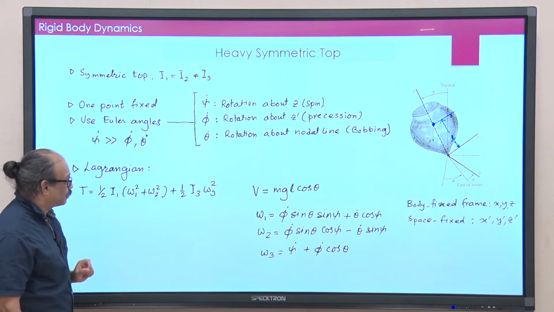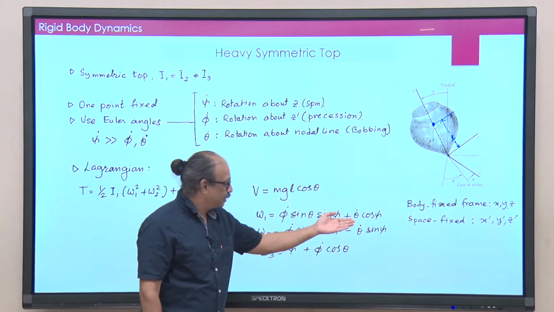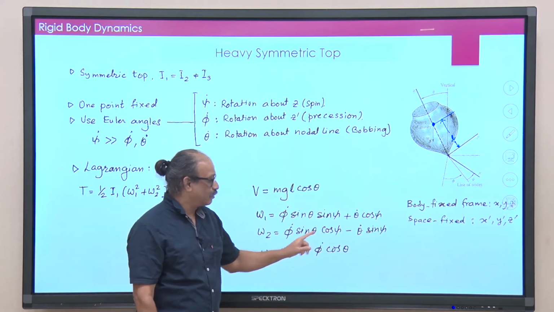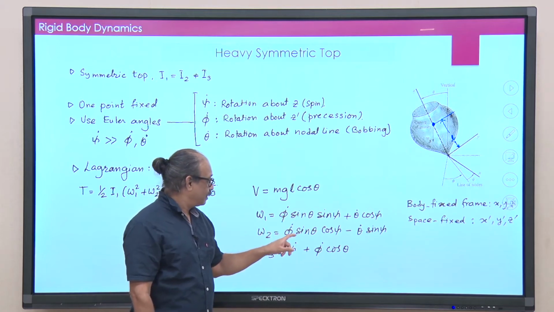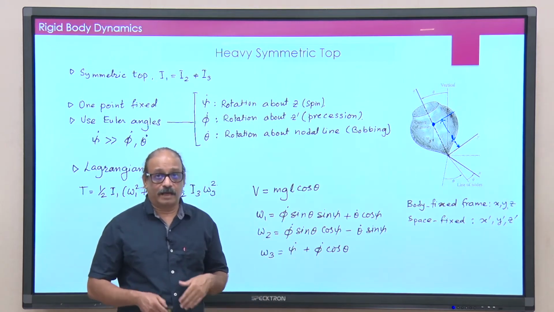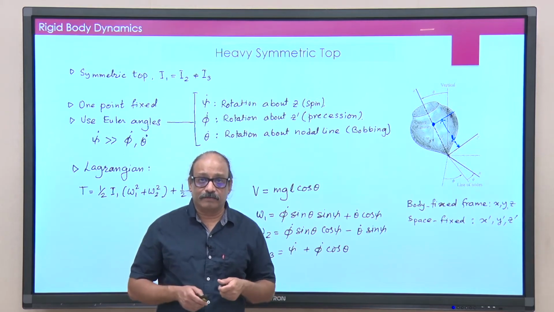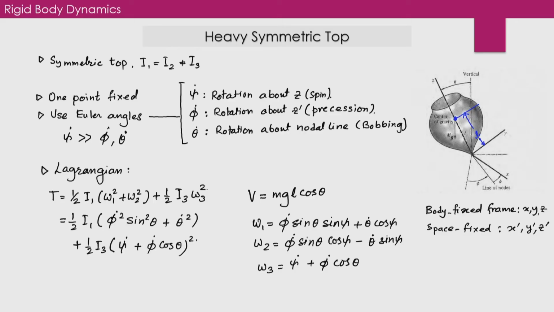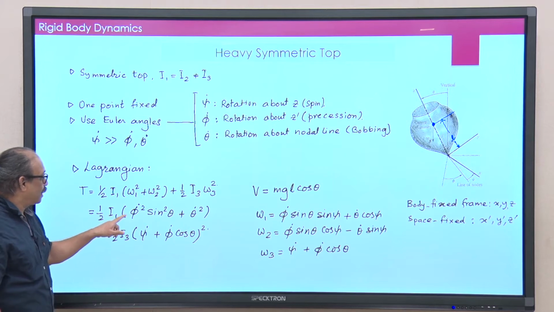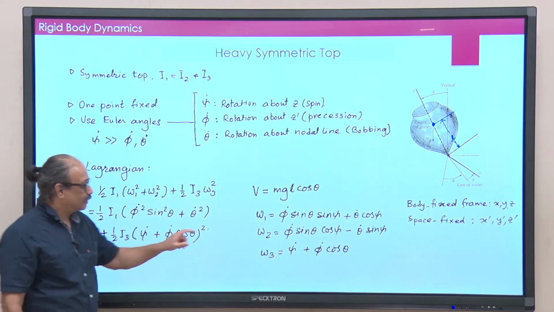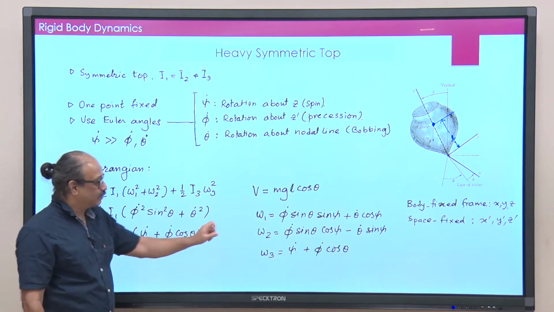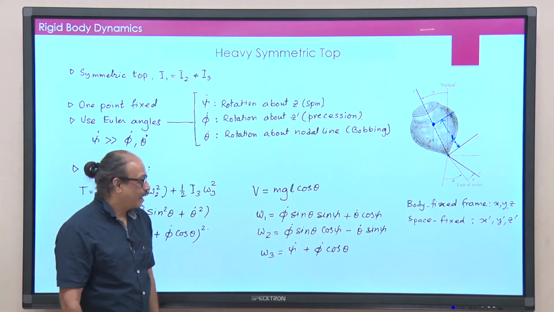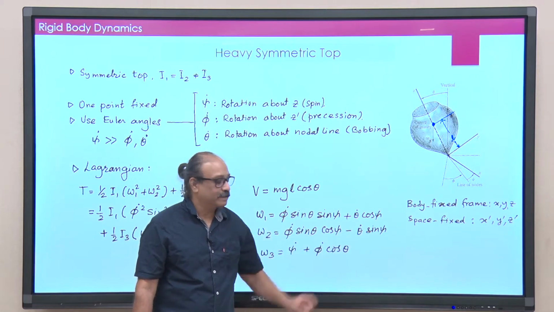So, omega 1 square plus omega 2 square, look at the expression here. There is a sin psi here, there is a sin psi here, there is a cos psi here and there is a cos psi here. So, when I square omega 1 and square omega 2 and add them, the cross term will go away, only the square terms will remain, and the kinetic energy would simply turn out to be half I1 phi dot square, that is basically coming from here, and sin square theta, and then you have sin square plus cos square of psi, but that will become 1, and here for theta dot also cos square plus sin square will become 1.